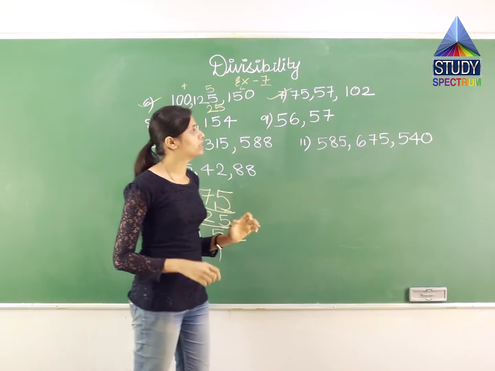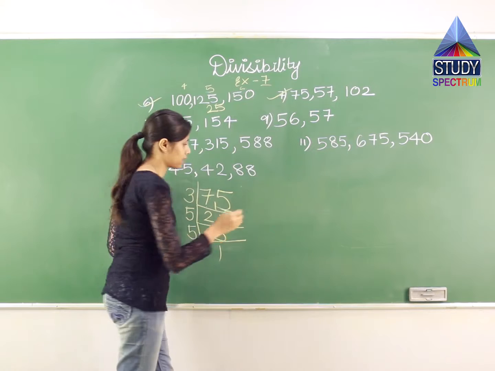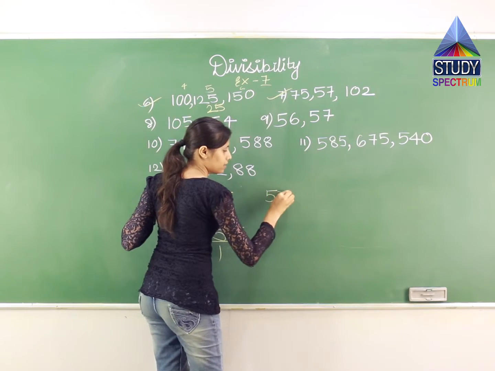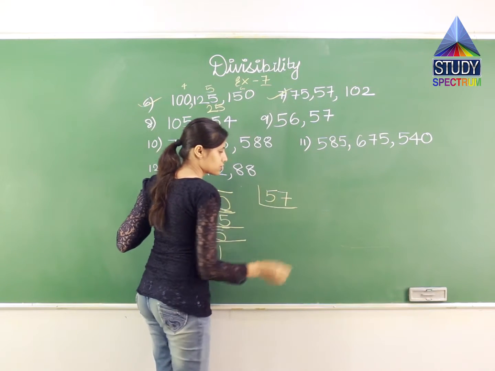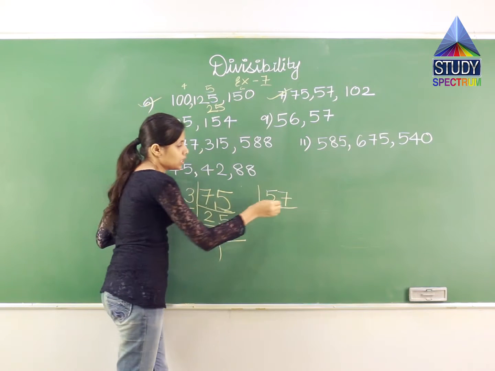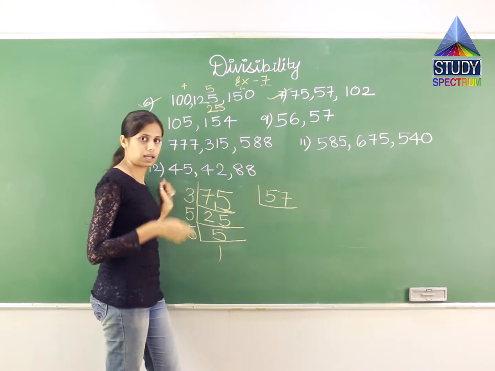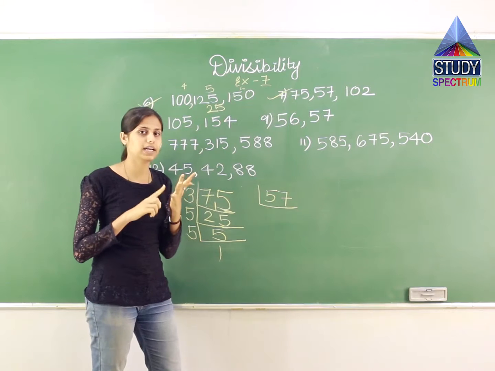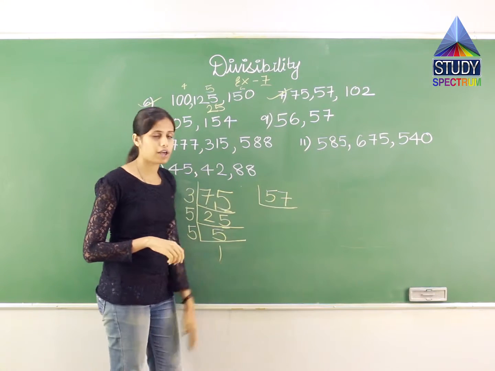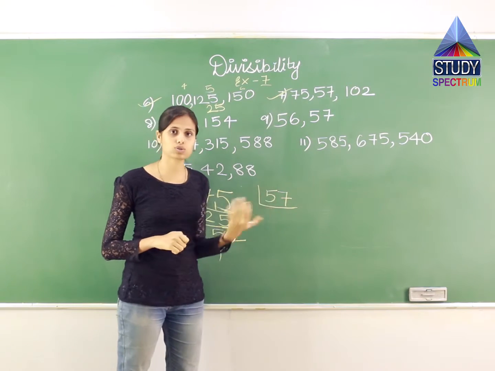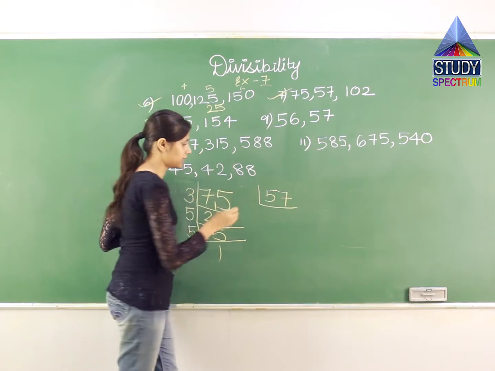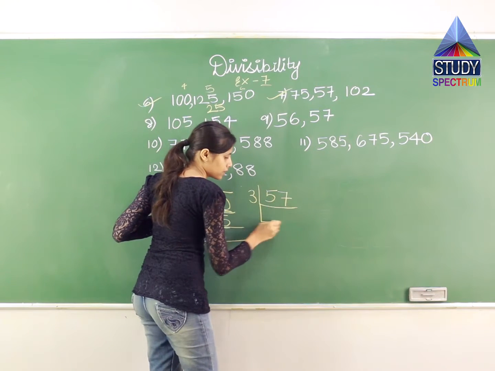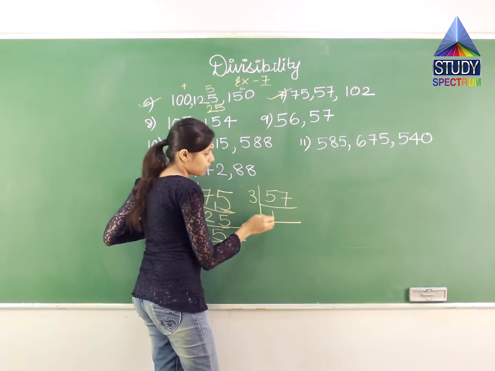Now I'll divide 57. Let us find the factors for 57. So 57 inside the factorization bracket. 57 is also divisible by 3. So let us divide it by 3. 3 ones are 3.